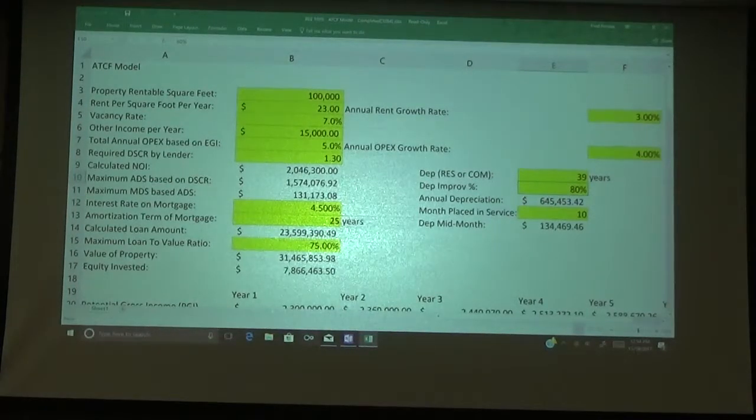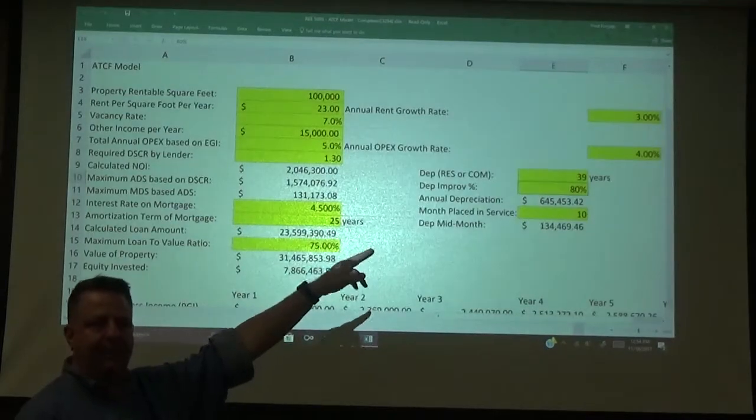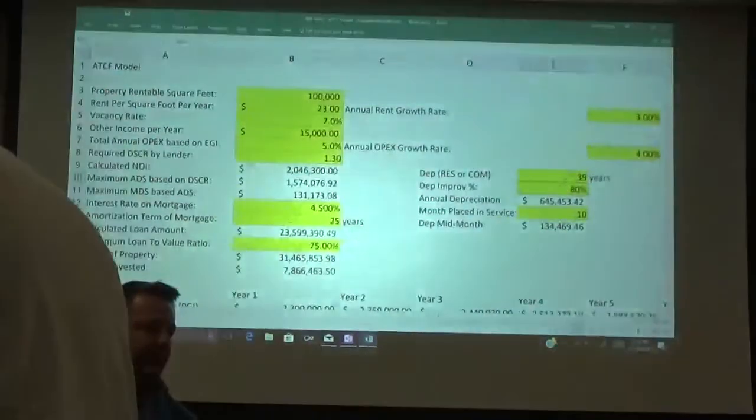Maybe you can make an argument that it's been depreciated, but for the most part, it doesn't depreciate. So what you've got to do is say, what is the overall value of this property, and apply 80% to that, and then simply say that is going to be my depreciable value for the property.